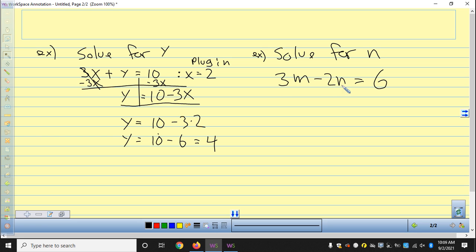So we want to get this n by itself. So how are we going to get this 3m away from this side of the equation? Well, when we don't have anything written here, is this a plus or minus? If there's nothing written, we think of it as a plus. So we need to subtract. So subtract 3m from both sides.